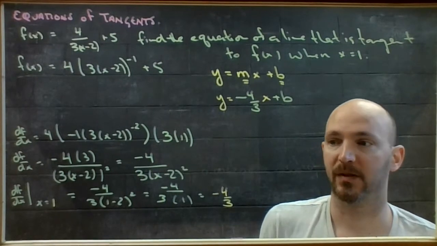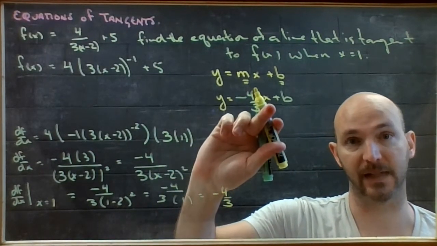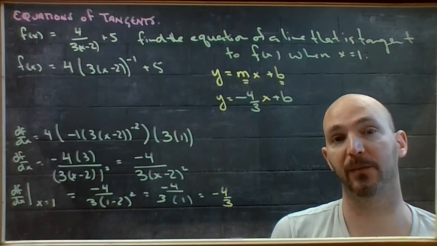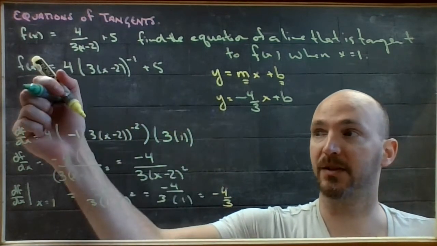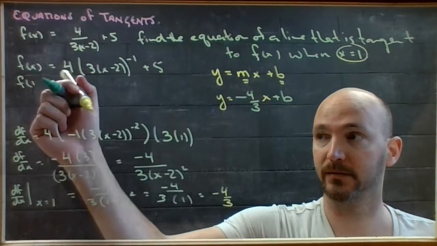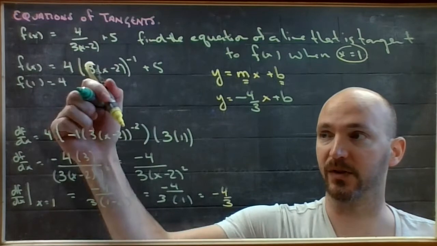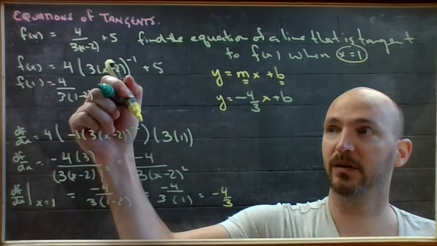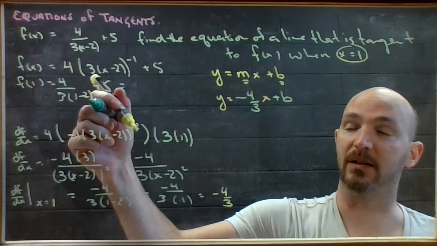Okay, so to get my y-intercept, I need to fill in an x value, which I have, and a y value, which I can get from the function. So I'm going to get that y value by substituting in 1 for x, using this version, 3 over 1 minus 2 plus 5. 1 minus 2 is negative 1.